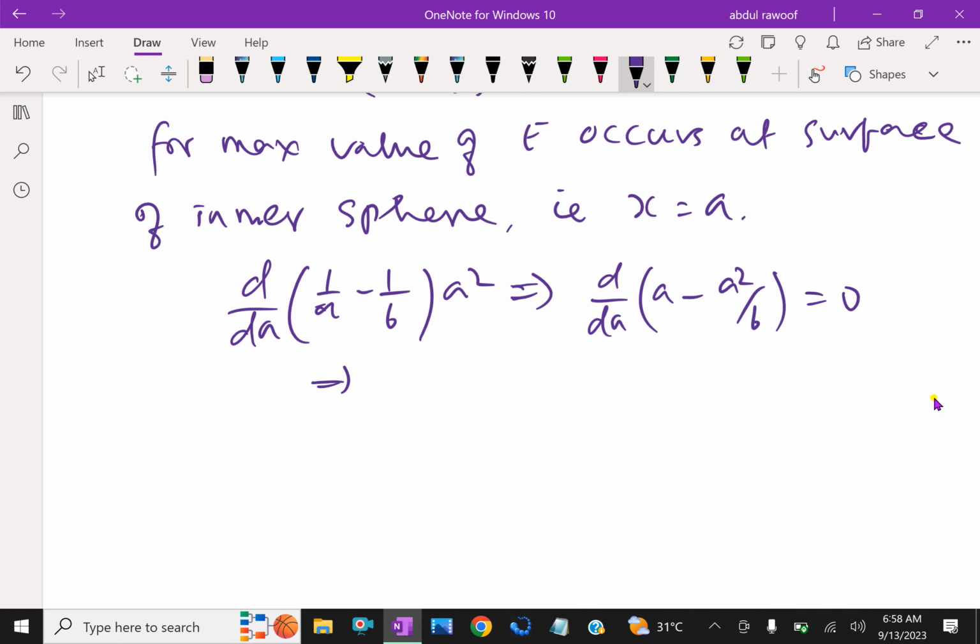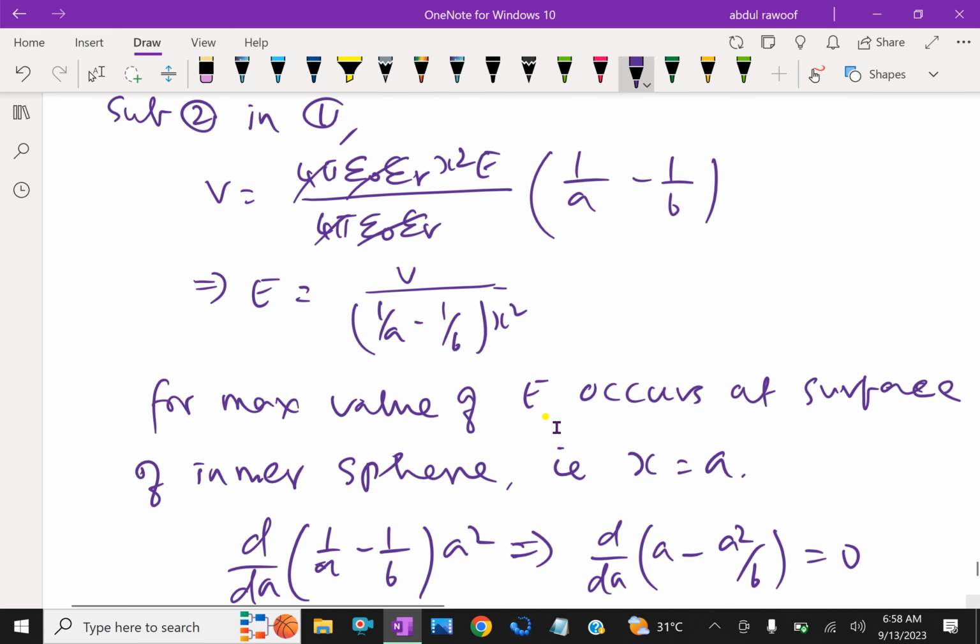Differentiating with respect to A, we get 1 minus 2A by B equal to 0, which gives A equals B over 2.